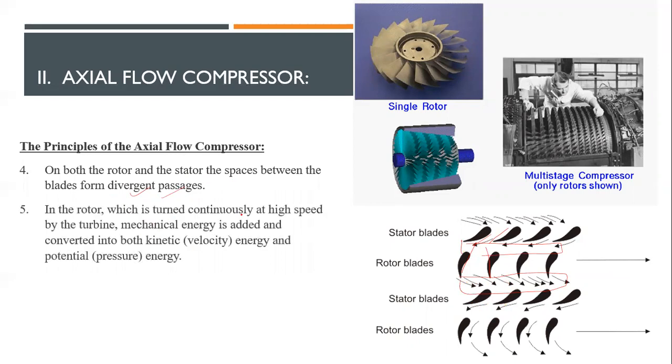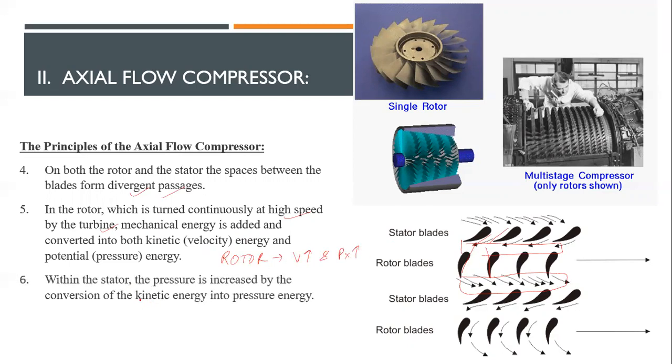In the rotor, which is turned continuously at high speed by the turbine, mechanical energy is added into both kinetic energy and pressure. As I told you, rotor has the job of both increasing the velocity and increasing the pressure. Stator is stationary, so its job is simple: to stop the airflow, reduce the velocity, and increase the pressure.